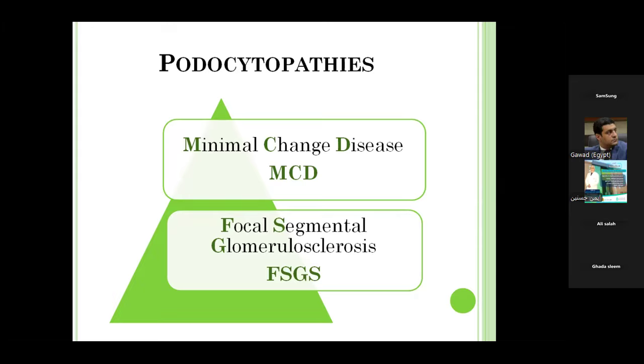Two rare subtypes could be put under the title of podocytopathies, which are diffuse mesangial sclerosis of the infantile nephrotic syndrome, as well as collapsing glomerulopathies, which are usually put under focal segmental glomerulosclerosis subtypes. But let us now consider minimal change disease and focal segmental glomerulosclerosis as the two ends of the spectrum of podocytopathies.